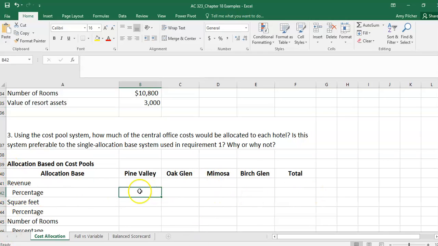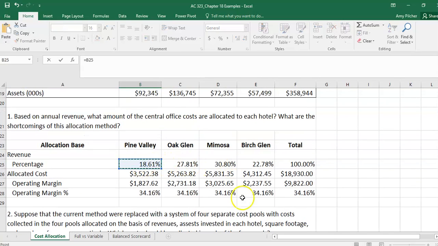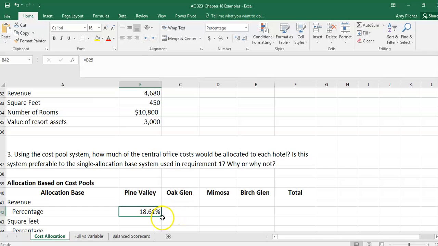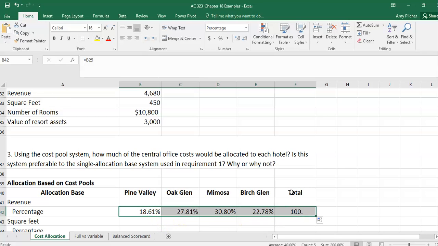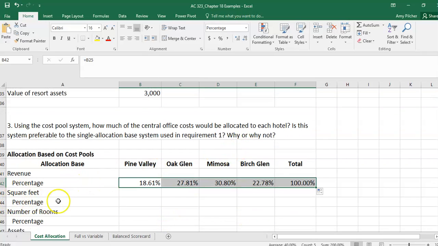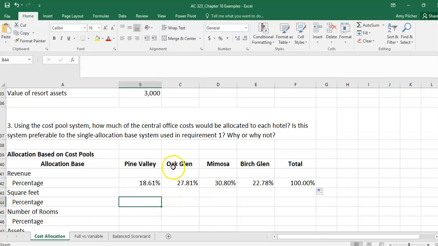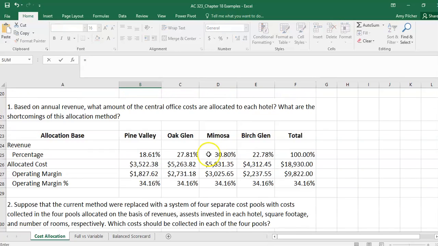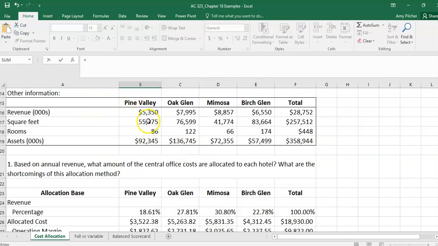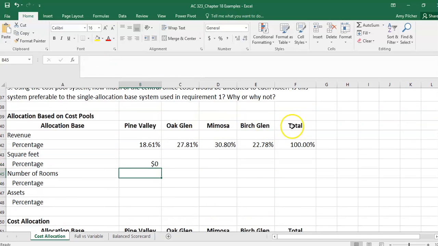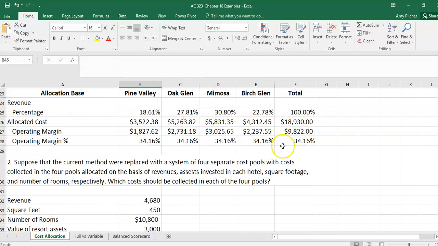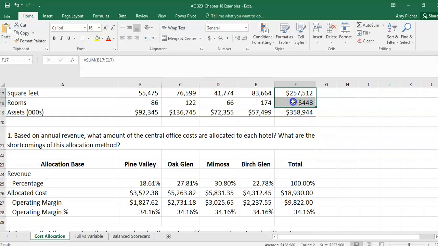Now to make these allocations, we do just the exact same measurement that we did before. So we take the revenue as percentage of total, and we've already calculated that here. So we can just bring that revenue line down. Then we're going to look at square feet as a percentage of total. So we take the square feet in each hotel divided by the total square feet. And these two should not be dollar amounts.